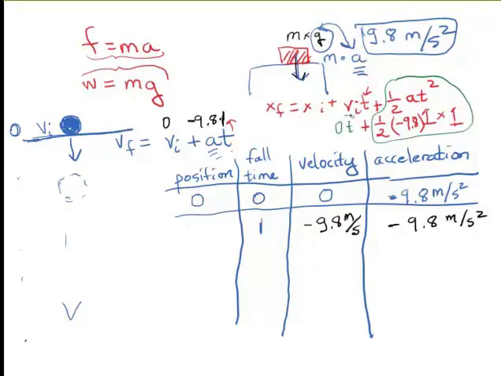So it doesn't matter how many seconds it goes, it's still going to be 0. And our initial position, we said that was 0. So all we have to do is take 1/2 times 9.8 and times the rest of this stuff. So that turns out, if we calculate that out, to be minus 4.9 meters. That's how far it would fall.